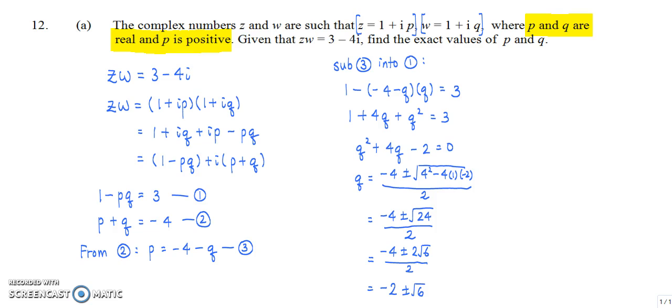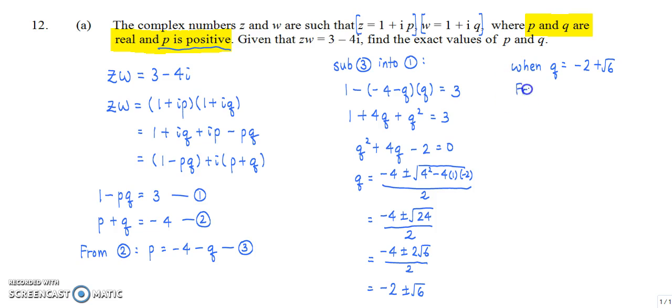We shall now use each of these q values to find the corresponding value of p. But bear in mind, because the question says p has to be positive, we will later reject one set of values. Suppose we set q equals negative 2 plus square root 6.